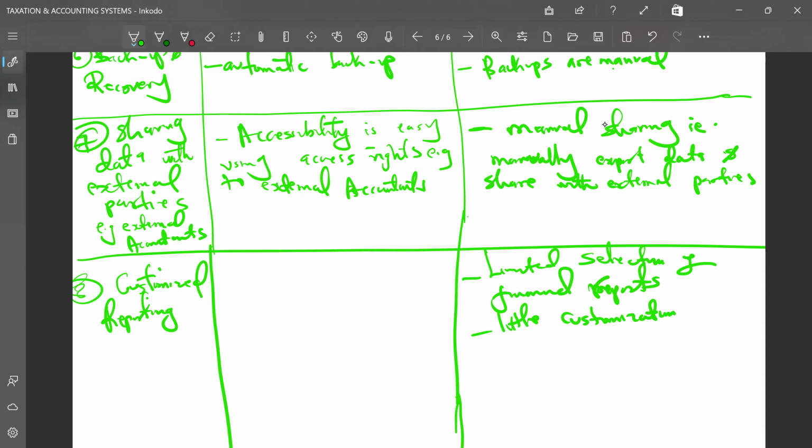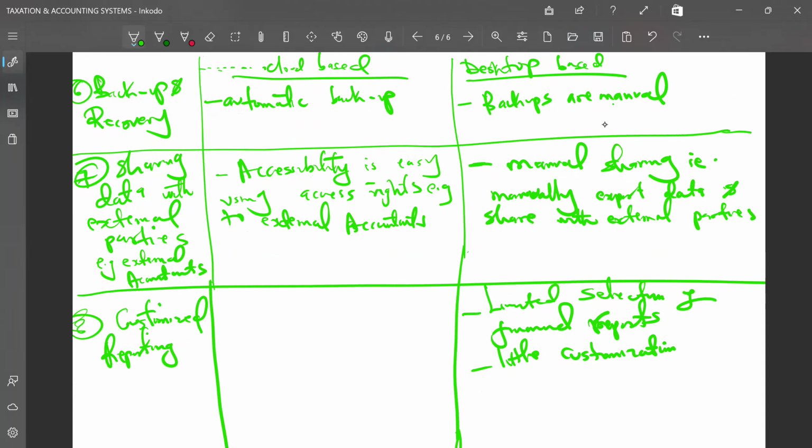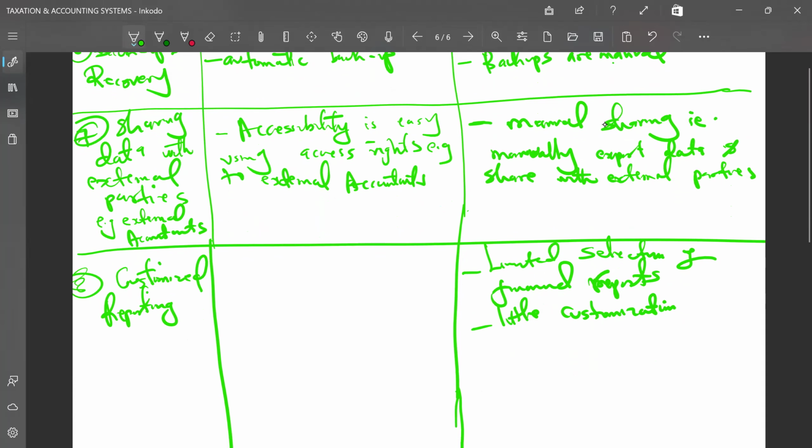You can only customize it to a certain level before you export it to either Excel, CSV, or PDF formats. Yes, you will still export and get the reports for analysis, but there is a level to which cloud-based accounting systems normally give extensive customization. Reports are extensively customized in real-time reporting.